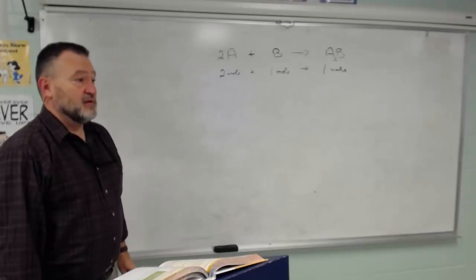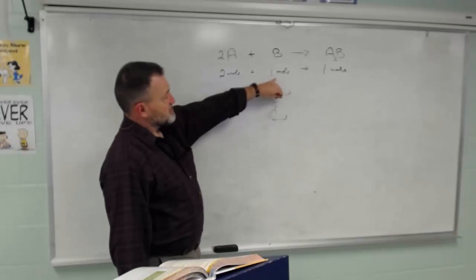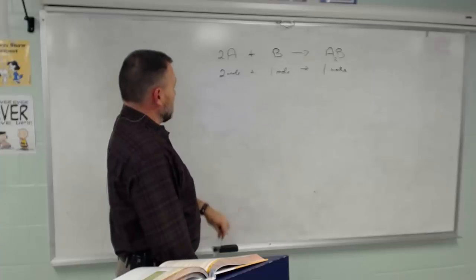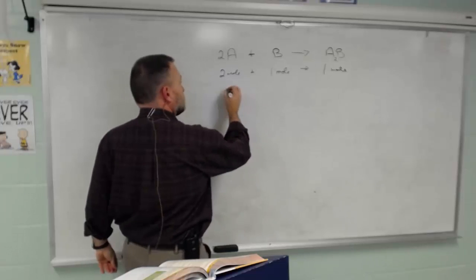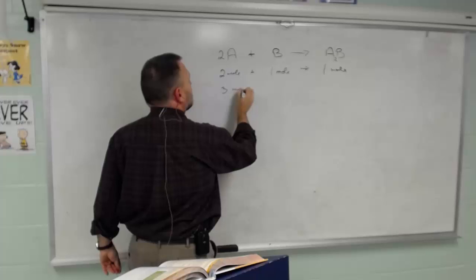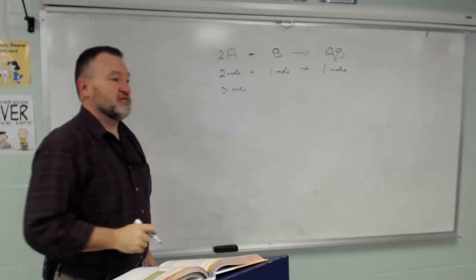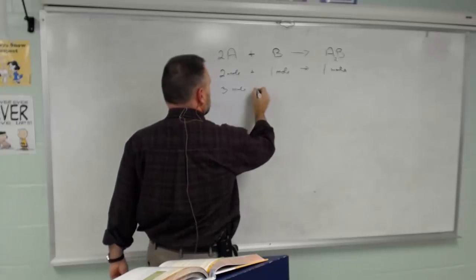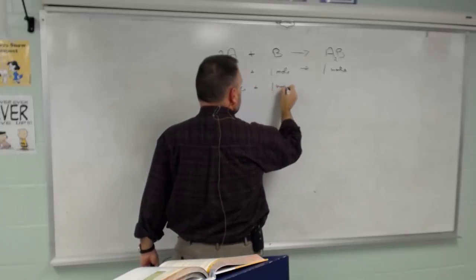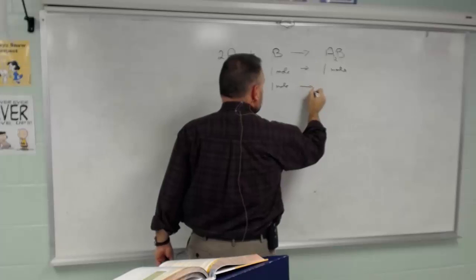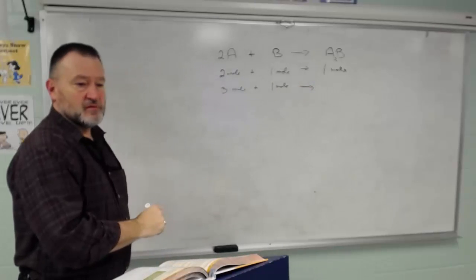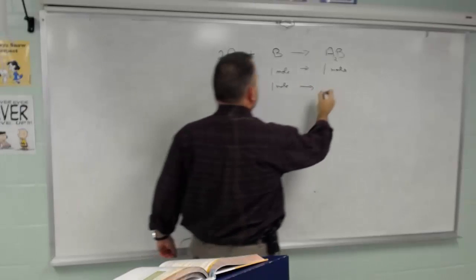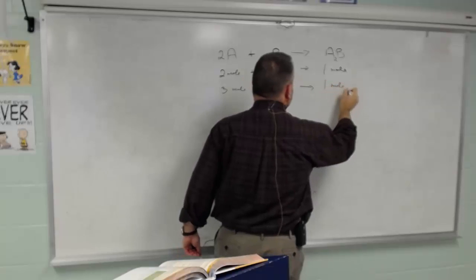But if I were to say that this is my limiting reactant, and I were to go ahead and add another mole of A, I still have 1 mole of B. How much product am I going to produce? 1 mole.